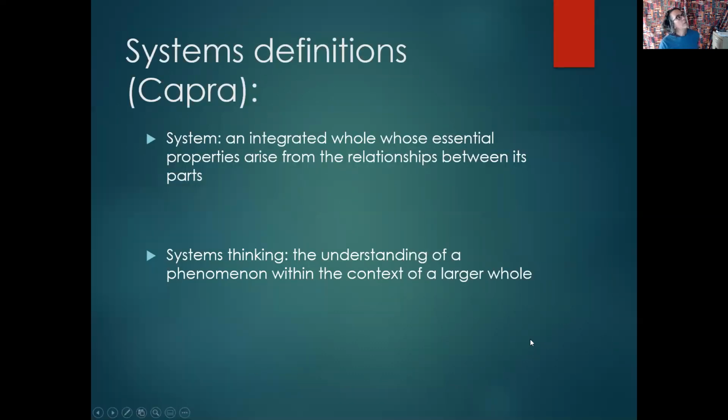A lot of people write about systems, and I've got a definition here from another author named Capra. A system is an integrated whole whose essential property arises from the relationships between its parts. You can see how that echoes the definition in the Meadows reading. And systems thinking is the understanding of a thing, a phenomenon, within the context of a larger whole.